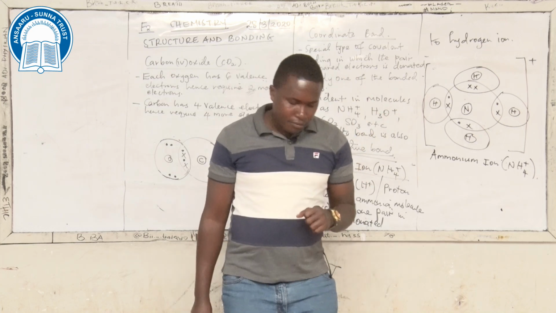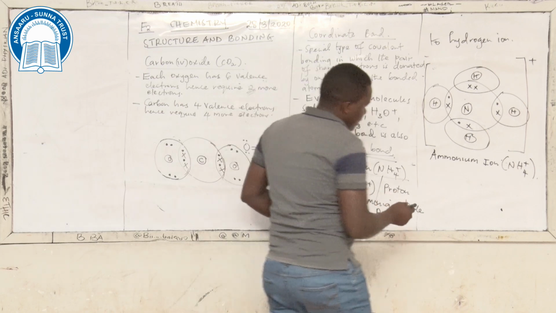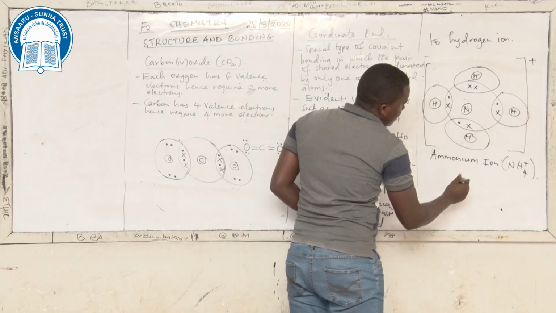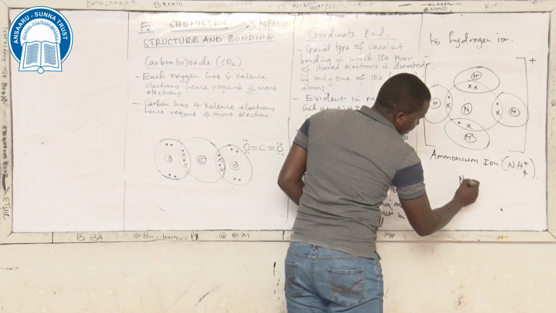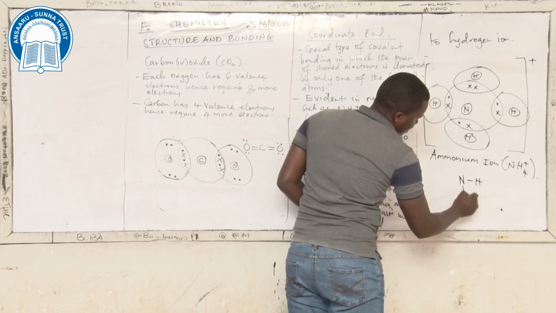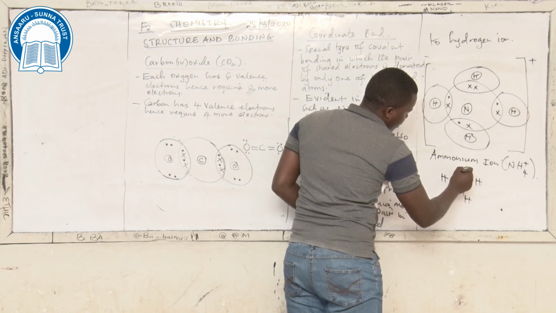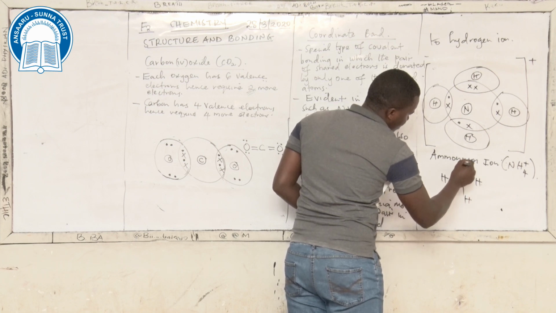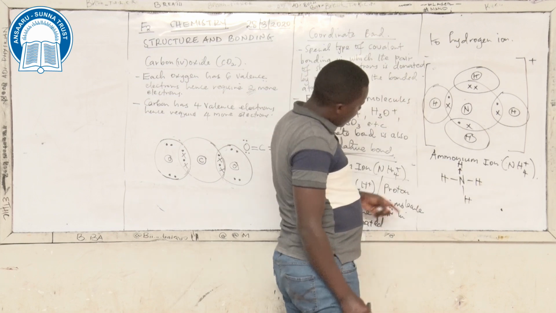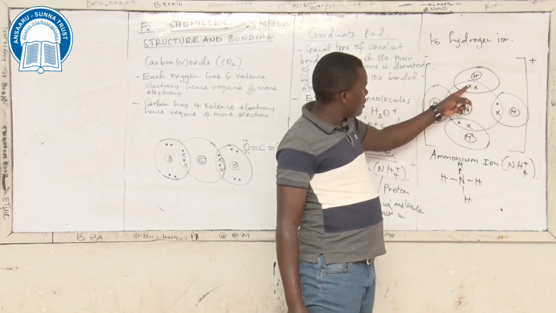So in terms of the diagram, you will have N, this covalent, another covalent, another covalent, but now the dative bond we write with an arrow. For the dative bond, you must put an arrow, then write a hydrogen. So the arrowed one is the dative bond, which is this one.